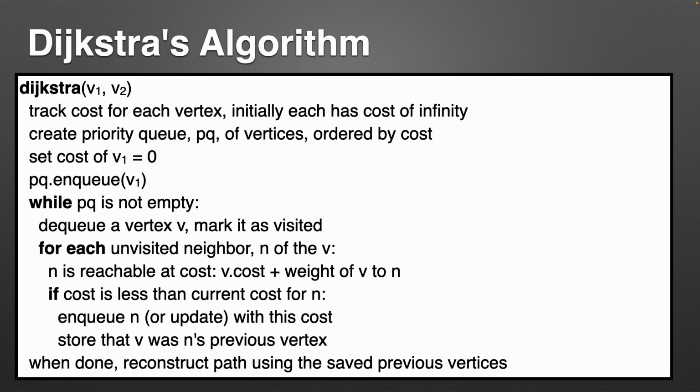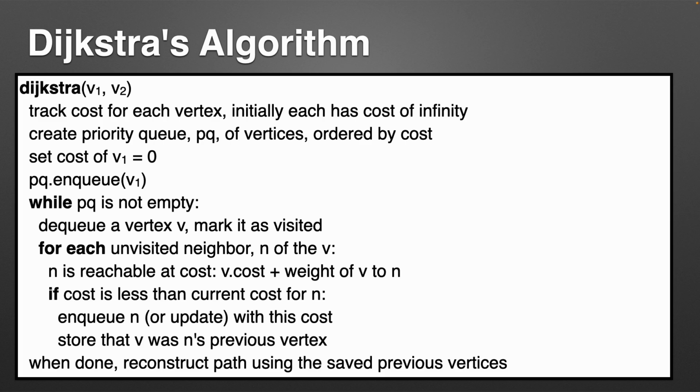Looking at this at more of a pseudocode level, we can define Dijkstra's algorithm as taking a start vertex and an end vertex. We're going to track the cost to get to each vertex, and initially we say everything has a cost of infinity. We're going to use a priority queue ordered by the cost.